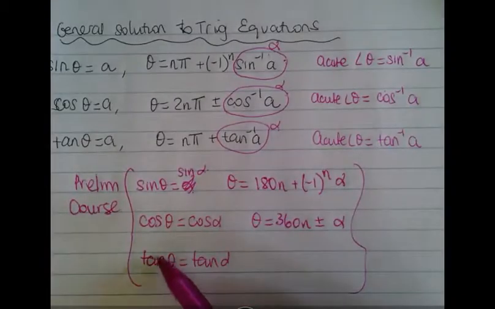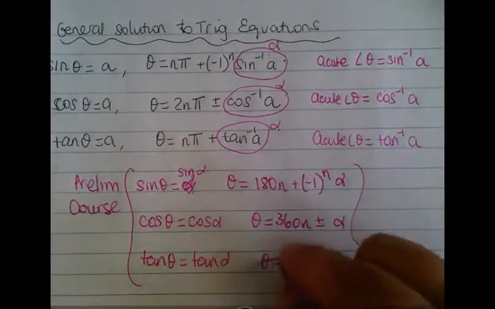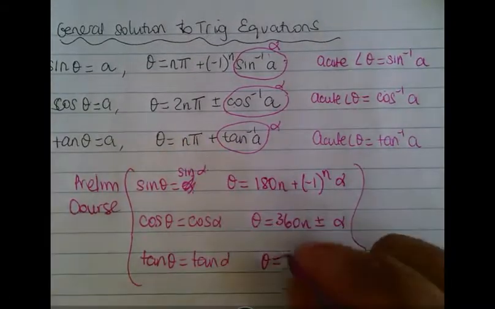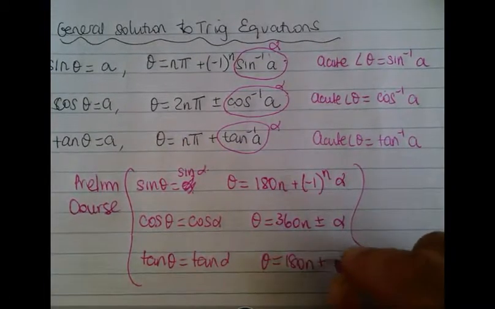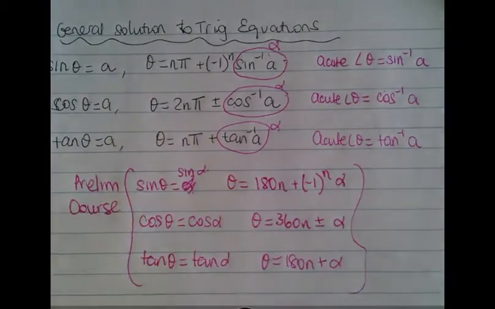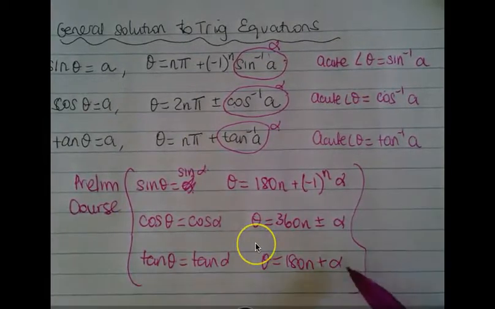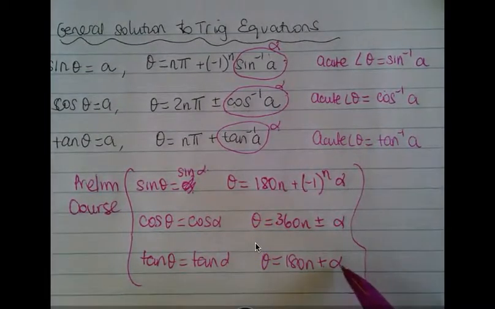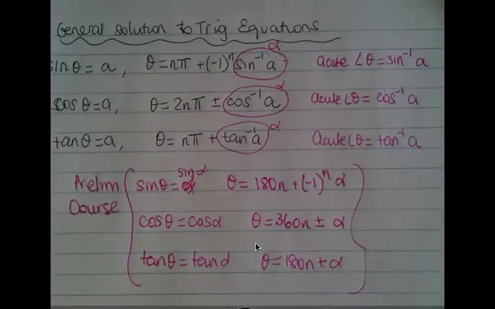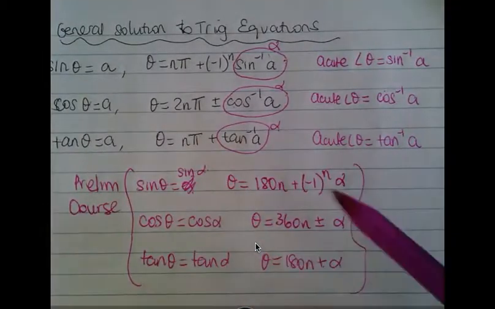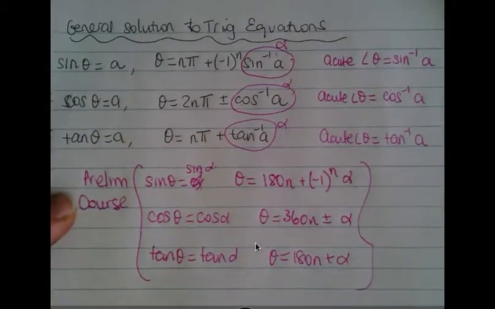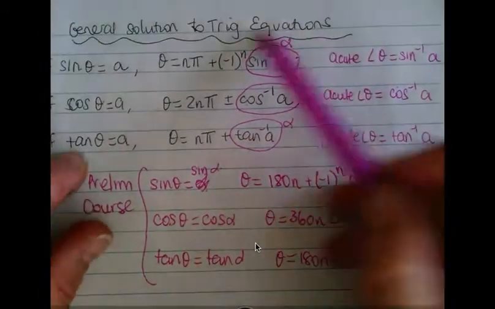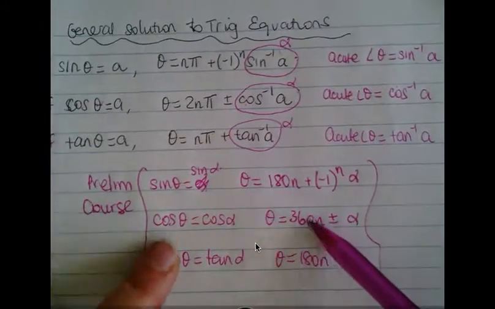So if tan theta is tan alpha, then theta is, you know how we've got pi n, that's 180n, plus alpha. Is it plus or minus? Plus alpha. Sometimes that alpha is going to be positive, sometimes it's going to be negative, depending on the quadrant anyway. So this is how we encountered it in the prelim course. However, this is how it's written on your formula sheet. And that's how you'll see it in your textbook.